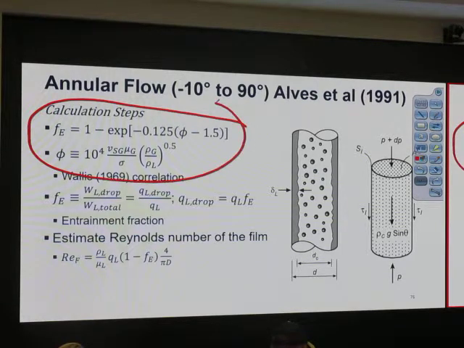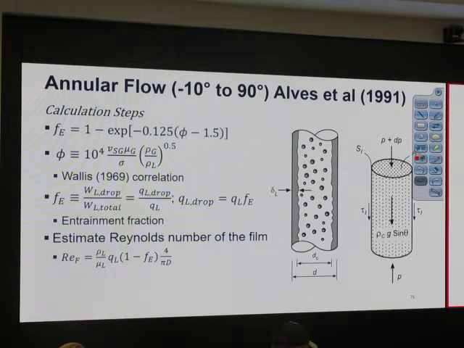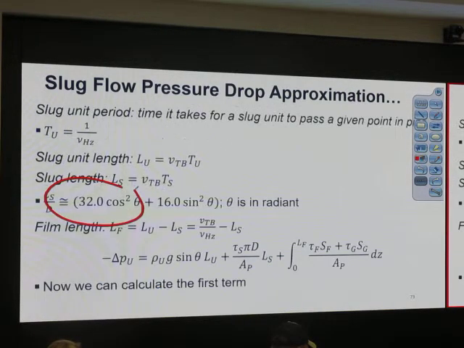We don't go into detail, but this is about how much is the entrainment fraction, how much liquid droplet is inside. The mass flow rate of the droplet versus total liquid flow rate, how much is that? This kind of thing comes from closure relationships, from measurement. So inside the mechanistic model we still have some empirical part.